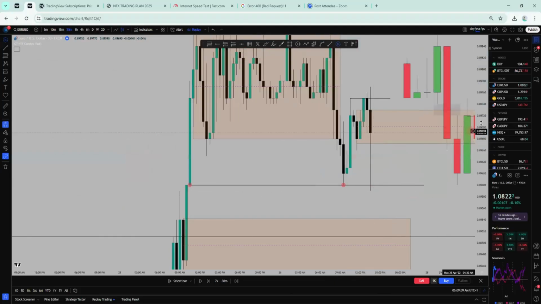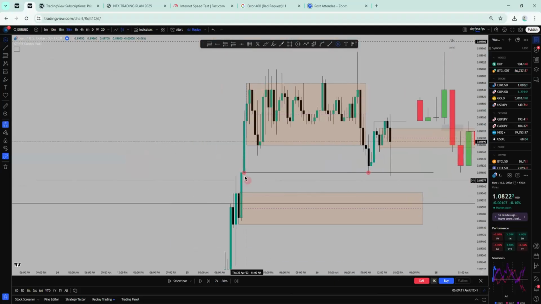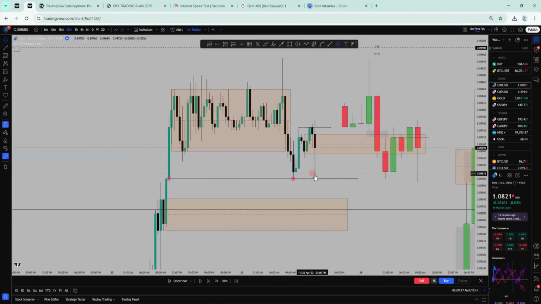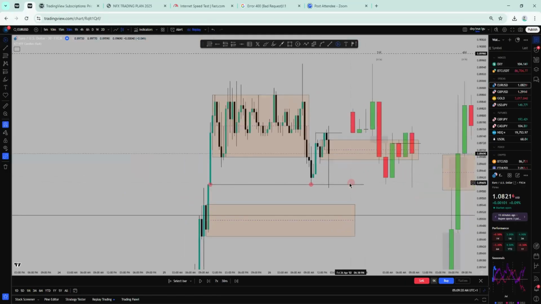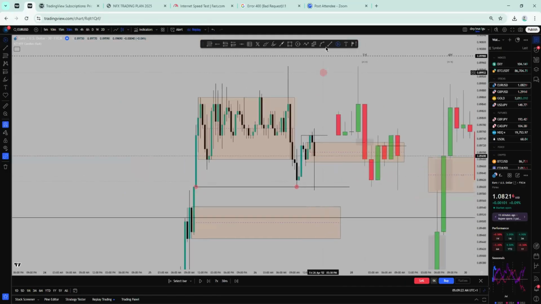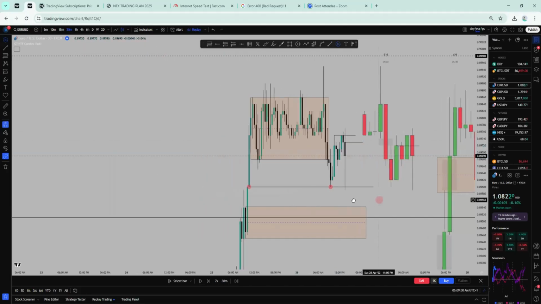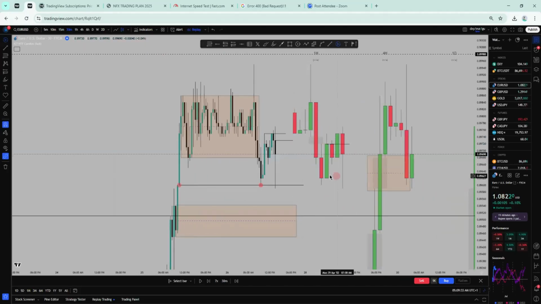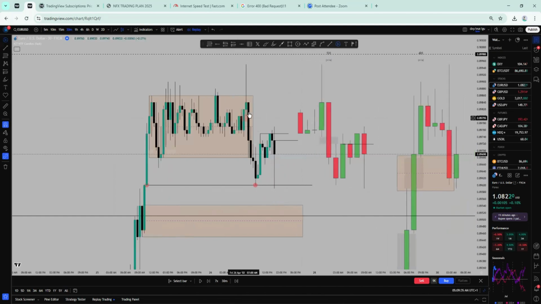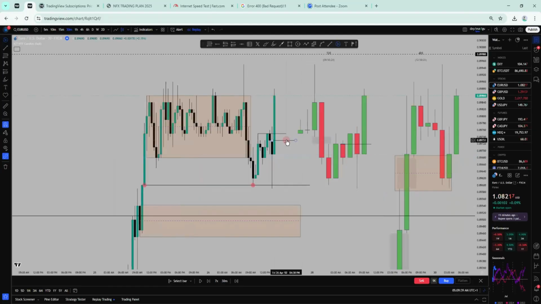But I think if we were aware that price came and gave us equal highs into this fair value gap, then we would have loved to wait further. And now what we should be waiting for was just for price to come back and close above the opening of this candle. With this manipulation into that fair value gap, which was exactly what I was expecting, we could be on the buy trade the moment price closed above like that.